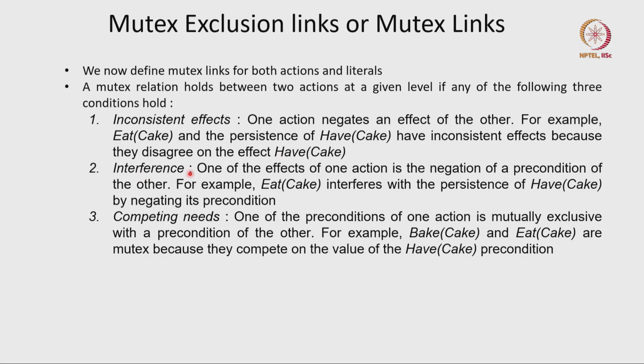And if there is some interference, one of the effects of one action is the negation of a precondition of the other. For example, eat cake interferes with the persistence of have cake. Okay, because if you take have cake and negate it, you will get not have cake, which is the negation of the precondition of the other.